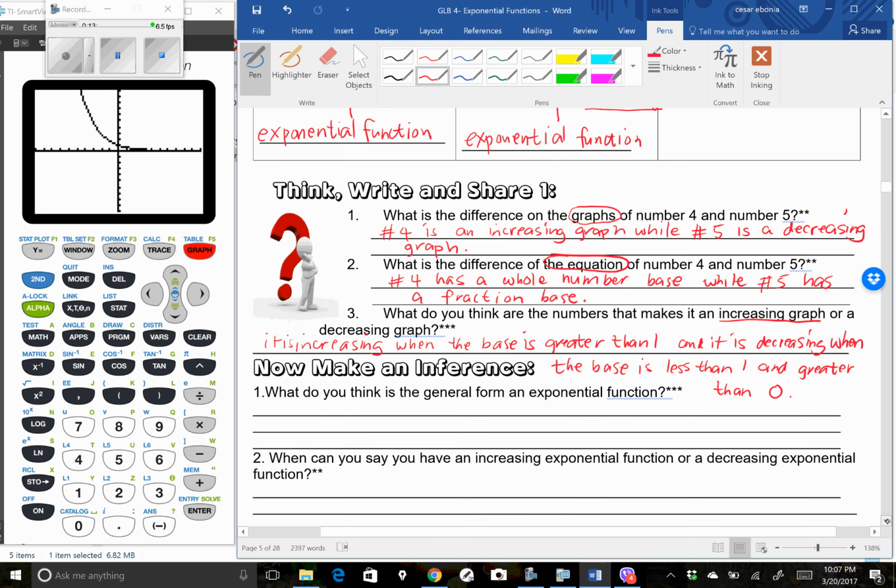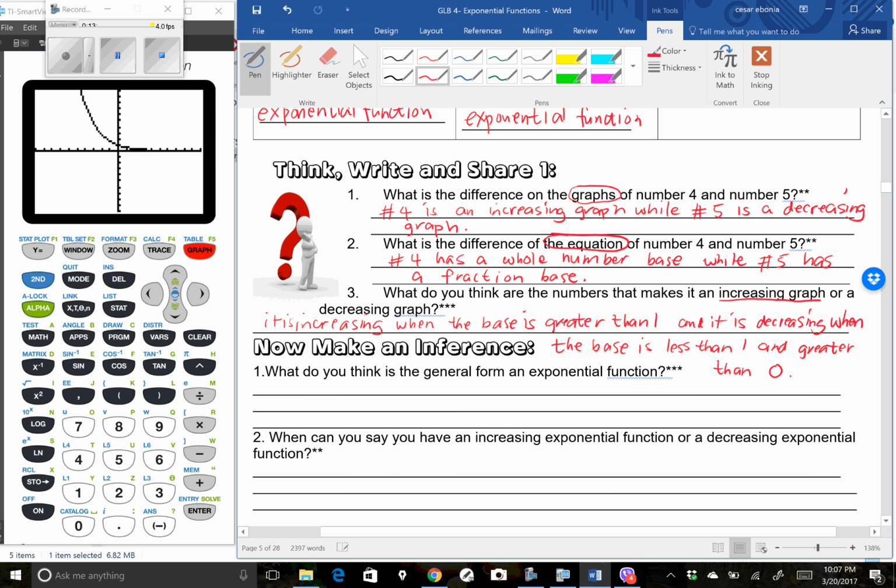So this time, let us make an inference. What do you think is the general form of an exponential function? For you to say it's an exponential function, the exponent of the equation must be a variable. So I can generalize this as y equals a raised to the exponent x.